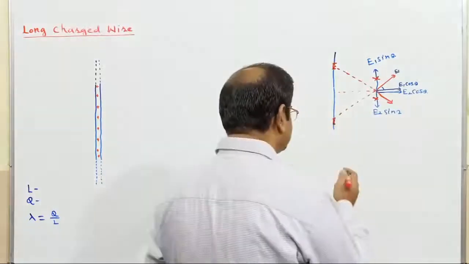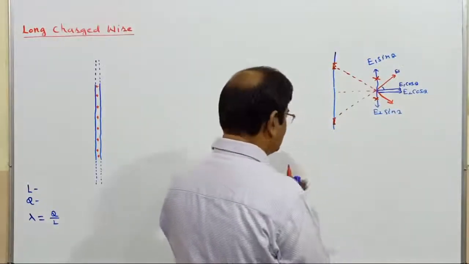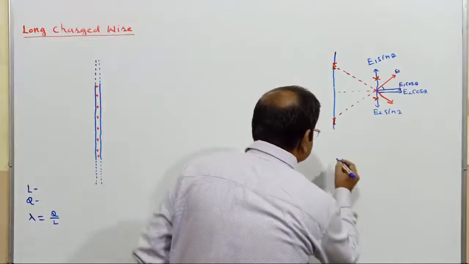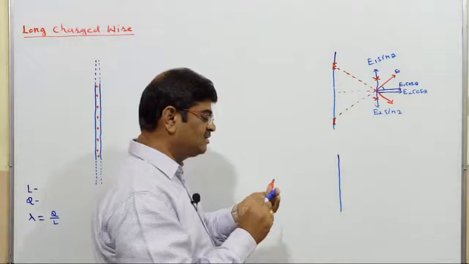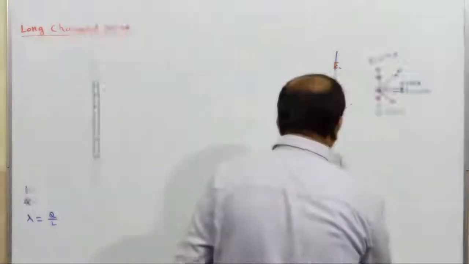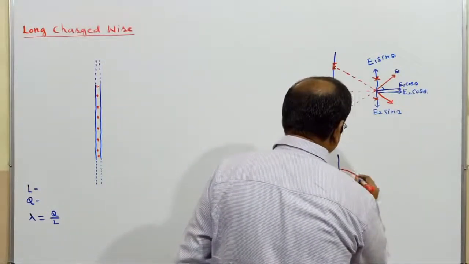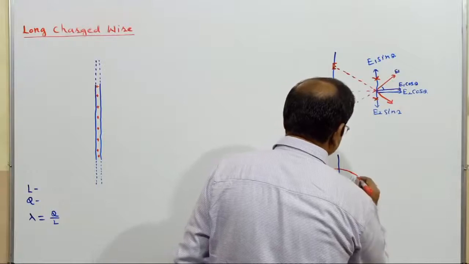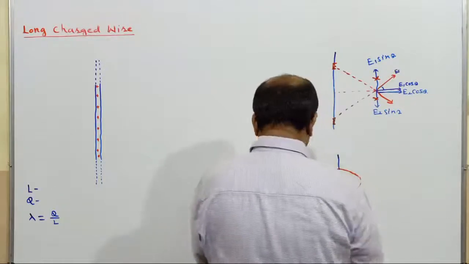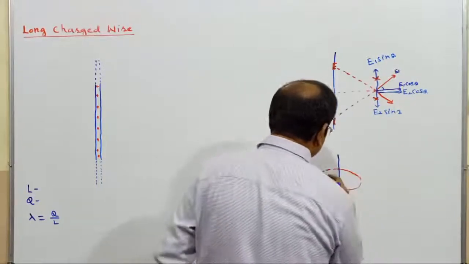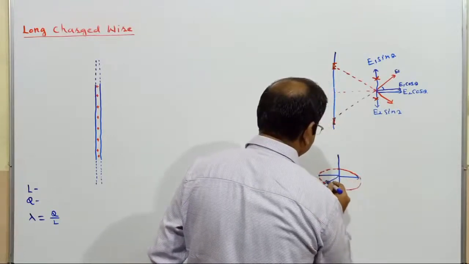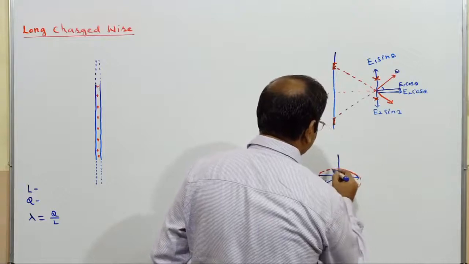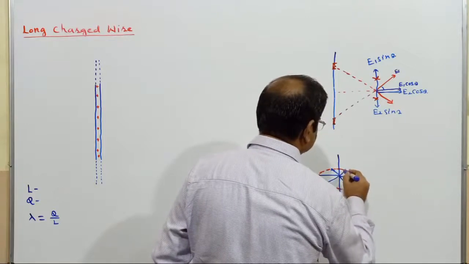To visualize this, I can have even this picture. So if I am asked to visualize electric intensity due to this wire, I will have somewhat this kind of picture. So here I have that electric intensity, like a three-dimensional figure if I try to visualize.